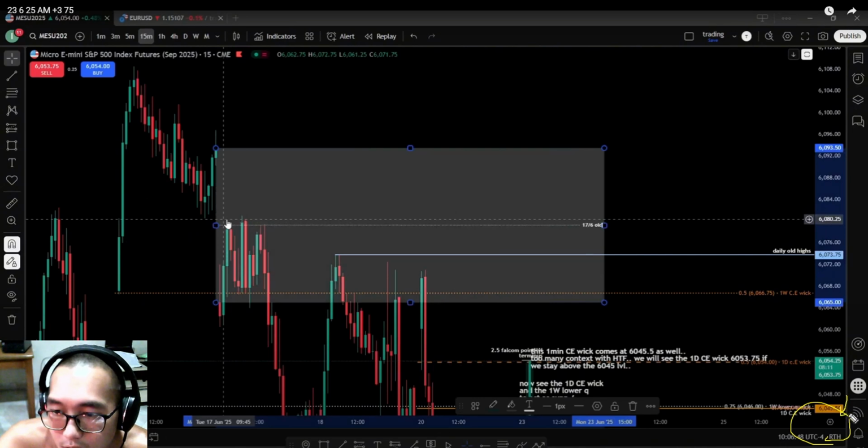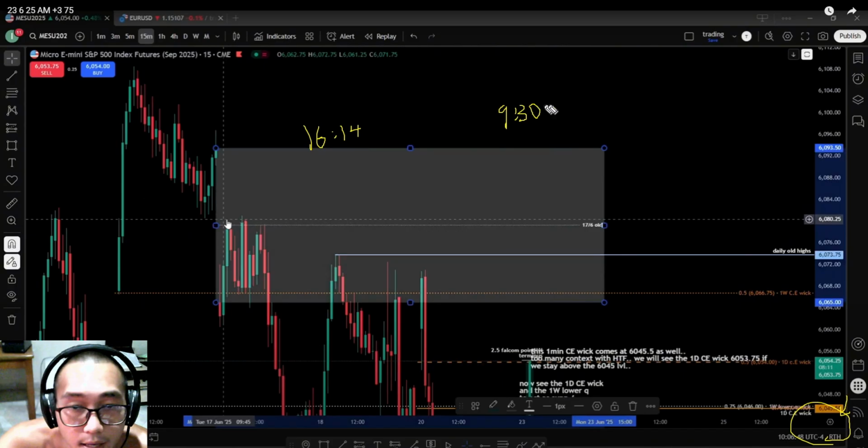Here you can toggle RTH and ETH, regular trading hours or electronic trading hours. So at regular trading hours, you can always see the differentiation between 19:14 and the next day 9:30, because that is where the AM stock market will open and this time is when it closes. So this is the regular trading hour. You can see the separation between these two is the new opening range gap.